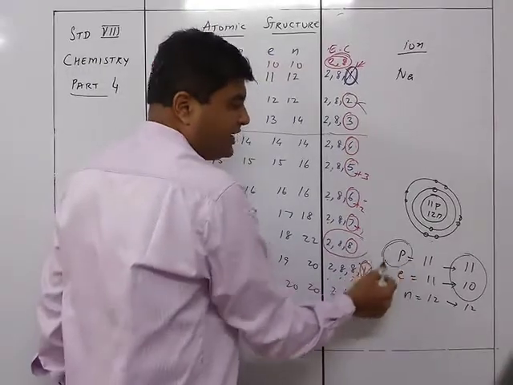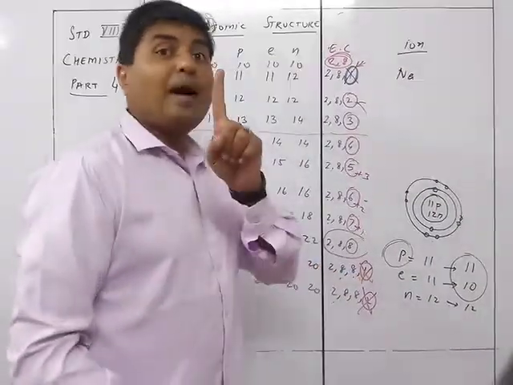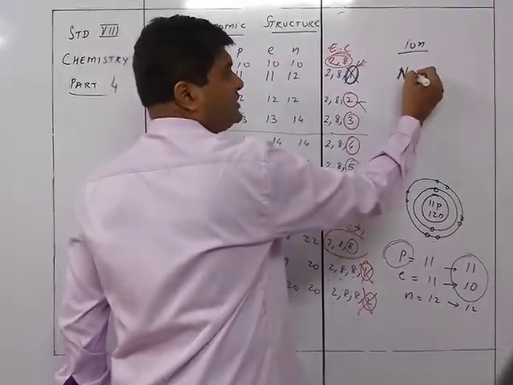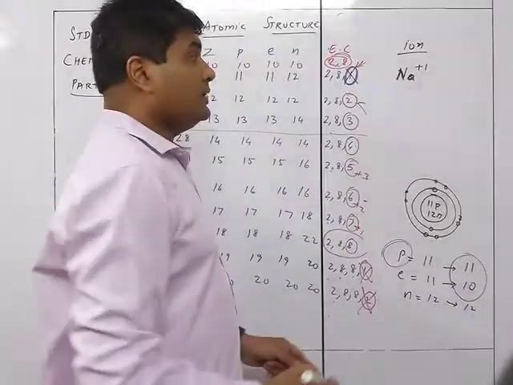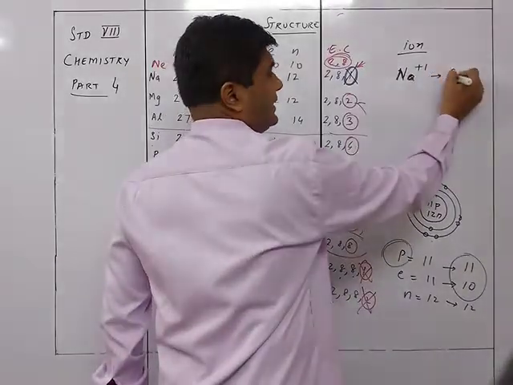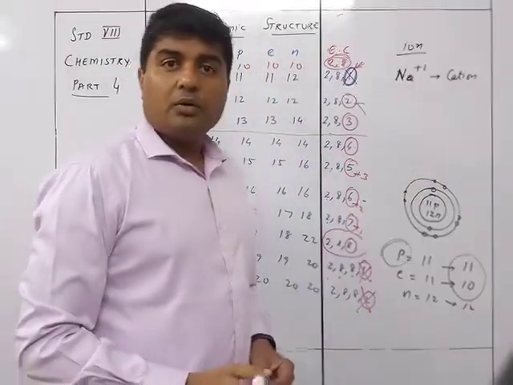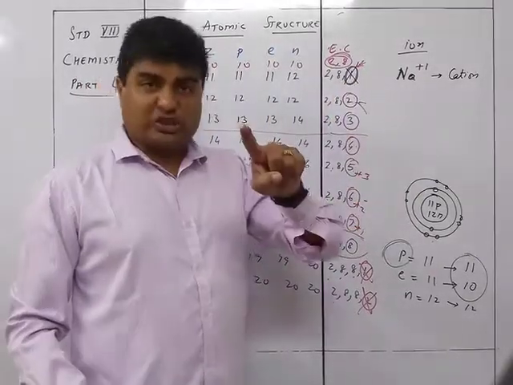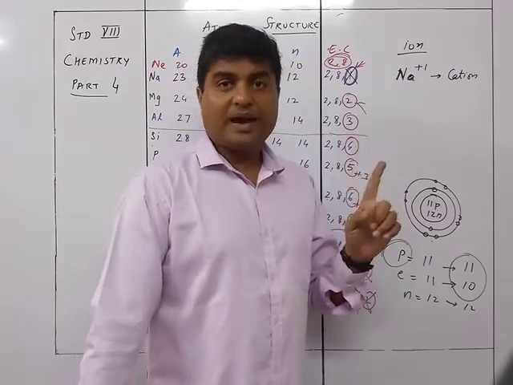The protons have increased compared to the number of electrons. By how much? By 1. That's why this forms a positively charged ion, that is Na plus 1. This is a cation. So, the electron which is lost gave it a positive 1 charge.